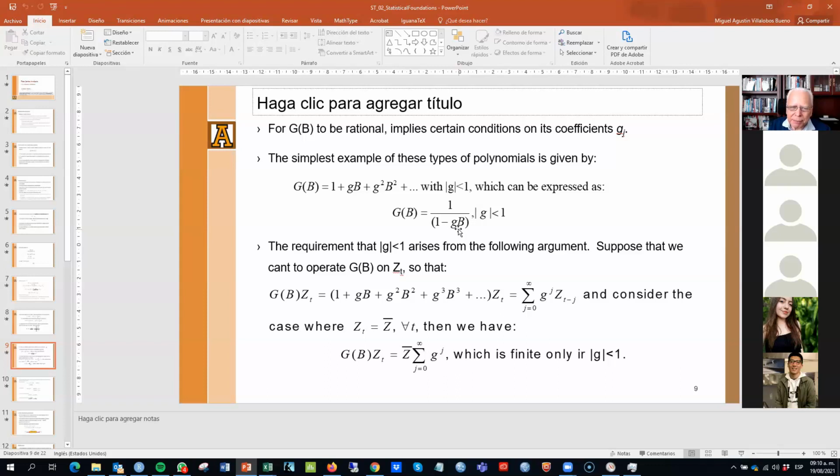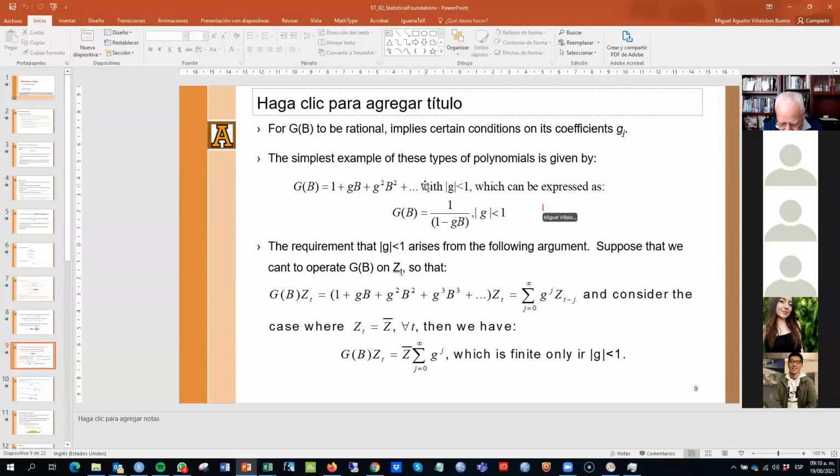So this is the simplest example of a rational polynomial. If the constant here, which is the same in all these terms, but it's an infinite sequence of terms, has an absolute value less than 1, then I can express this thing as 1 over 1 minus G B.